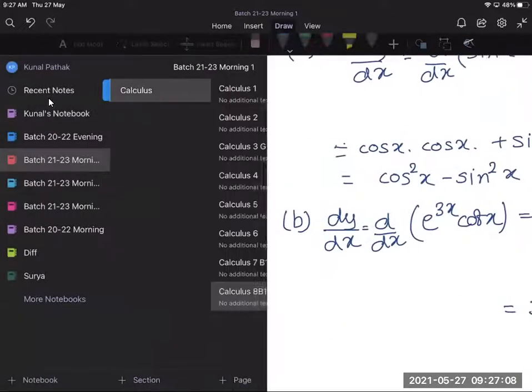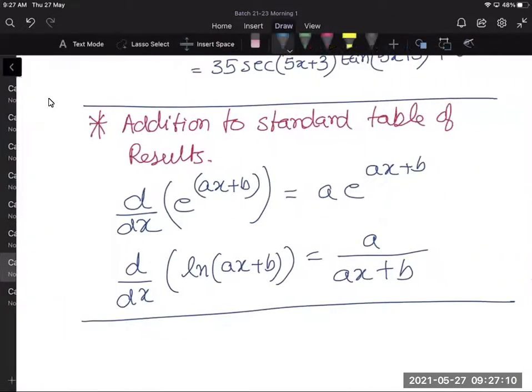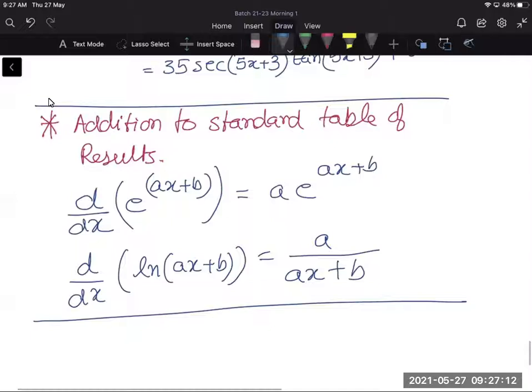I'm getting this from the last one: d by dx of e raised to the power 3x plus 0 is equal to 3e raised to the power 3x plus 0. There should be no confusion about this.